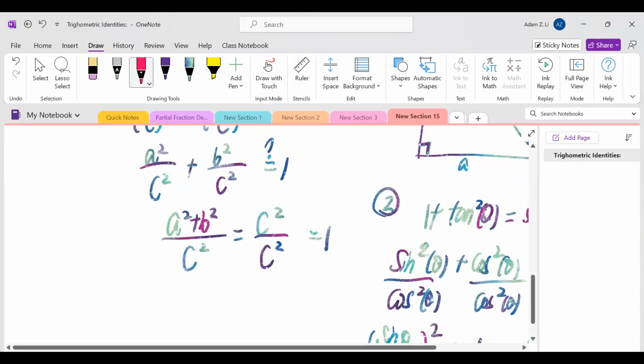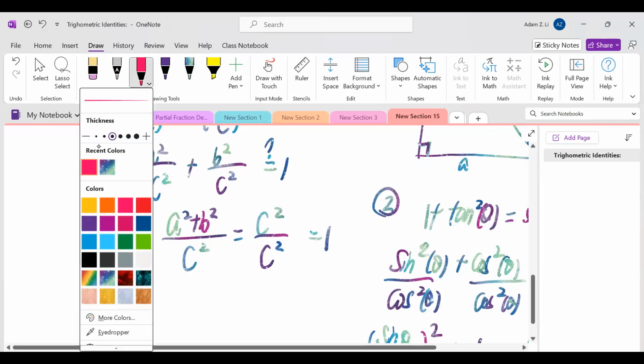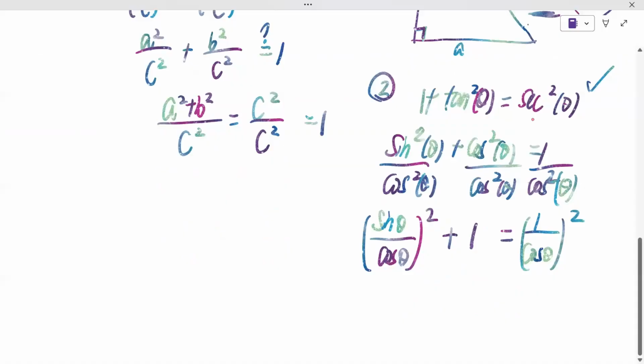And we get the identity. Sine theta over cosine theta is tangent theta, so we get tangent theta squared plus 1 equals 1 over cosine theta squared, and 1 over cosine theta is secant theta. That's secant theta squared. So basically, we proved it.